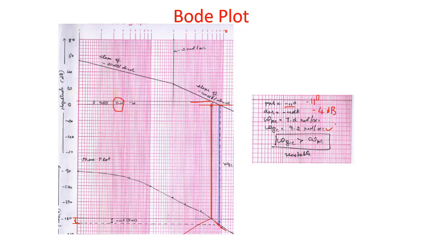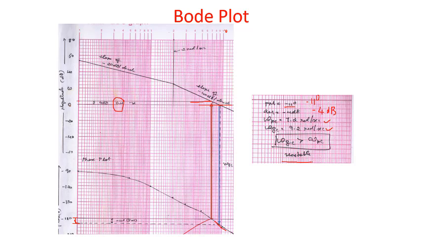So 7.2 radians per second, this one we call the phase crossover frequency. Then omega PC and omega GC. If omega GC, that is the gain crossover frequency, is greater than omega PC, that is the phase crossover frequency, then the system is called unstable.